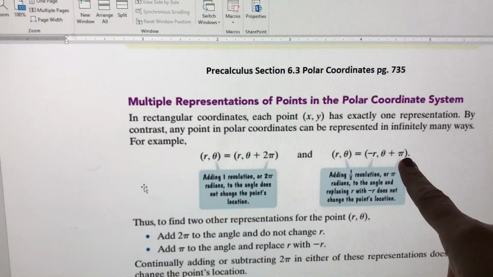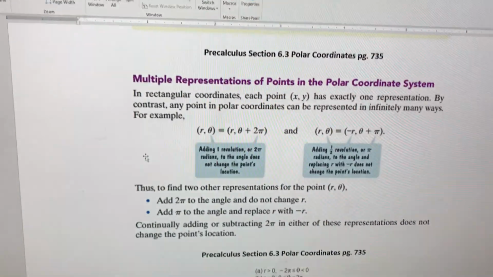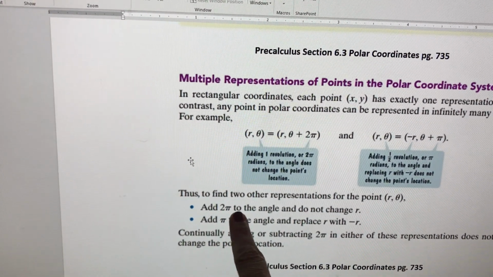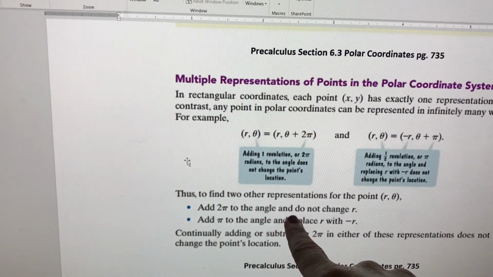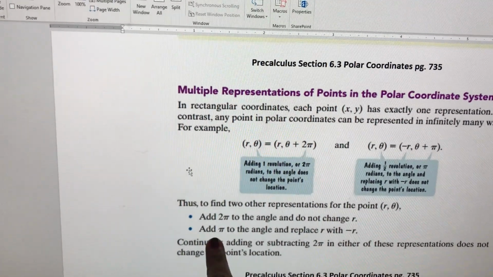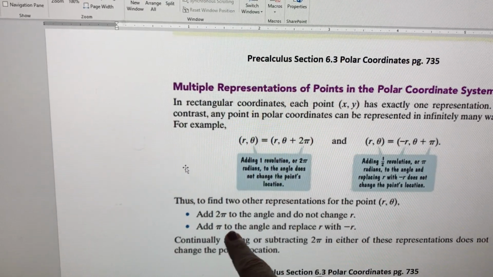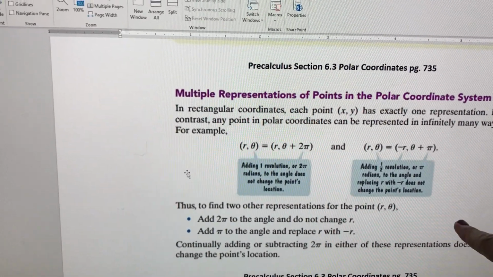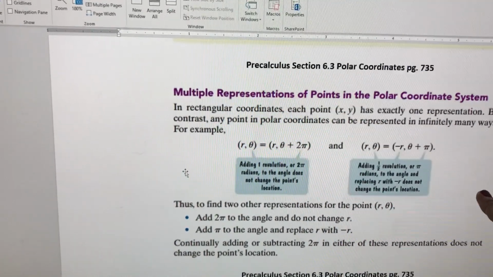And that kind of says it here. Add any 2π radians to any angle and do not change R, or add π radians and replace R with negative R, and that point will not change its location.